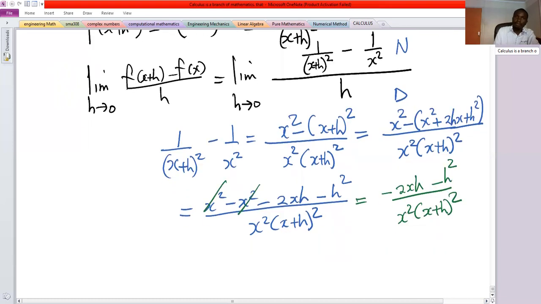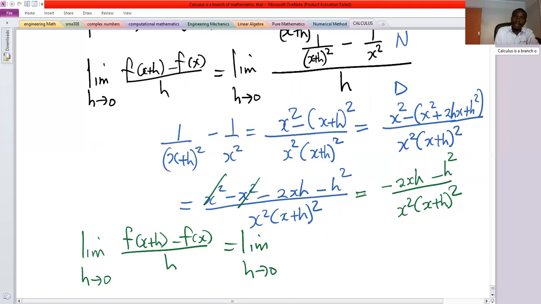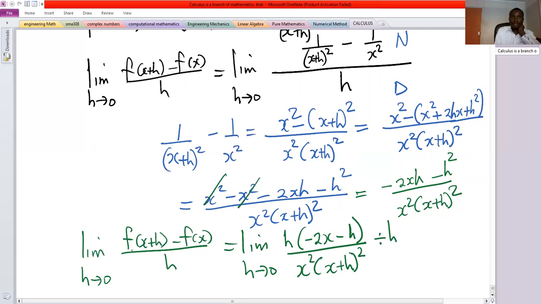So the limit as h approaches 0 of f of x plus h minus f of x over h will be the limit as h approaches 0. Now I can factor out h so that I have h into minus 2x minus h over x squared into x plus h squared, and then we are dividing by h. This sign means division.